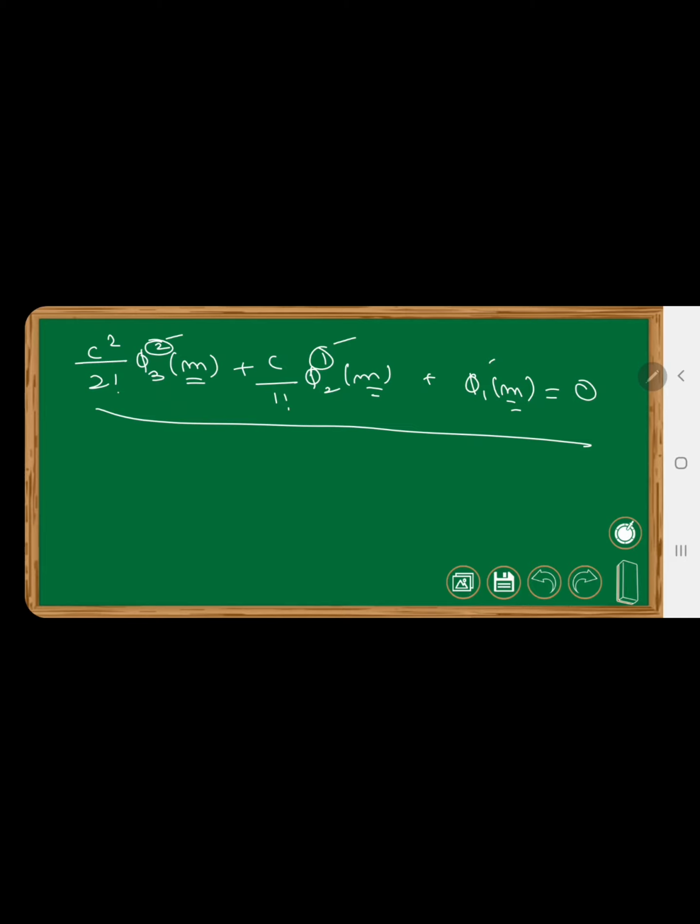Okay, next, let me think what we can start with. So let us start with reduction formula. Clear? So I'm rubbing this.